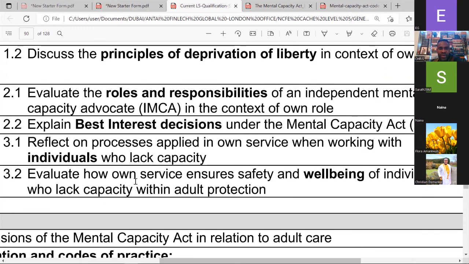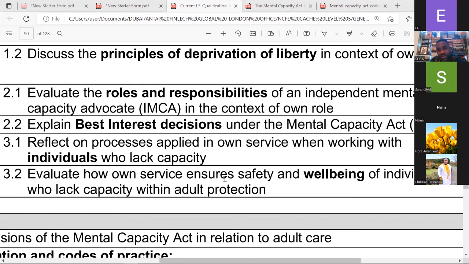So how you ensure the safety and the well-being of the individuals that you are taking care of. How do you ensure their well-being and their safety? That is where you bring in deprivation of liberty and rights.